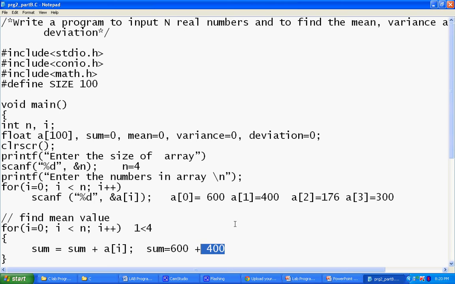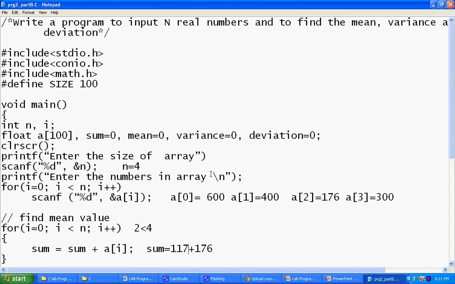Same way the for loop continues, the value of i will become 2. 2 less than 4, the condition is true. It goes for making sum plus a of i. A of i is a of 2. Then in a of 2 position, we are going to put the value as 176. 176 plus 1000 will become 1176. This is the value which is stored in sum.